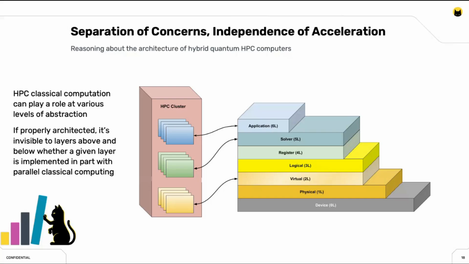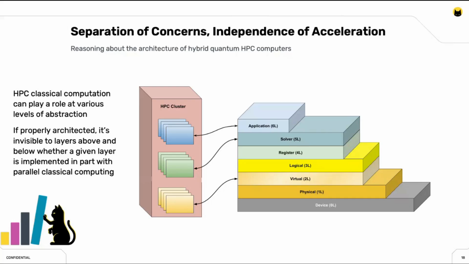And one of the reasons I think it's appropriate to be a little bit proactive in thinking through at what level I am operating when I'm doing these things is they could all be happening at once. And if they are all happening at once, it should be invisible at each level what's going on.